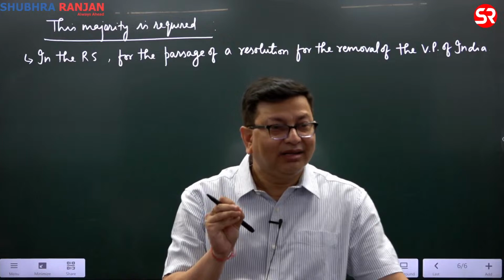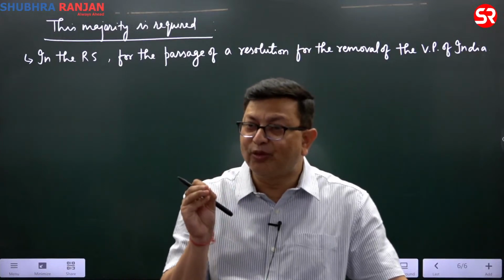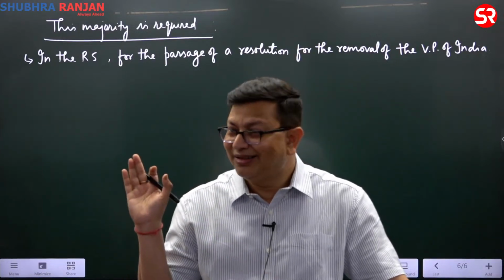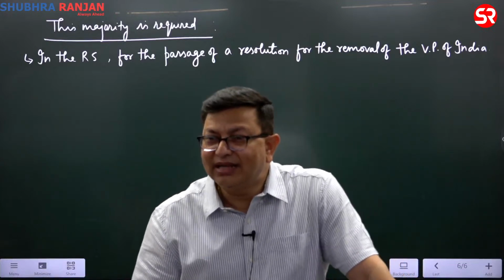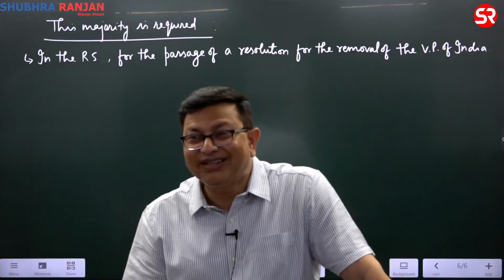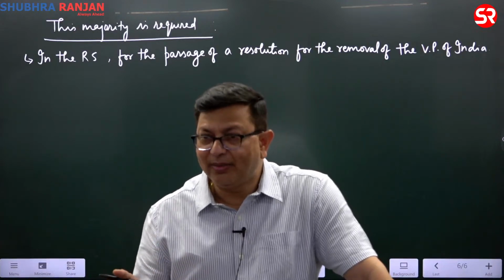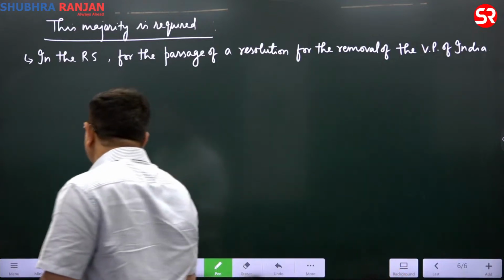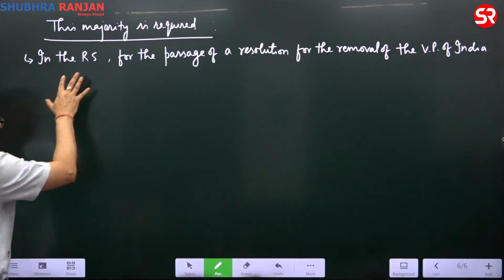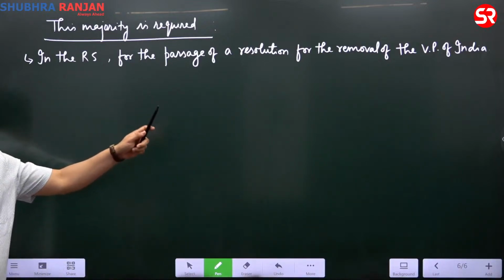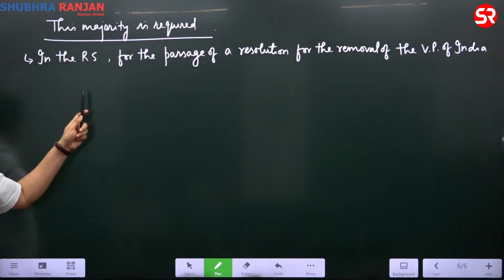After that, the resolution has to be approved by the Lok Sabha. Approved by the Lok Sabha means approved by a simple majority. We will be discussing this in detail under the Vice President. But as we are talking about the majority, for the removal of the Vice President, effective majority will be required in the Rajya Sabha.